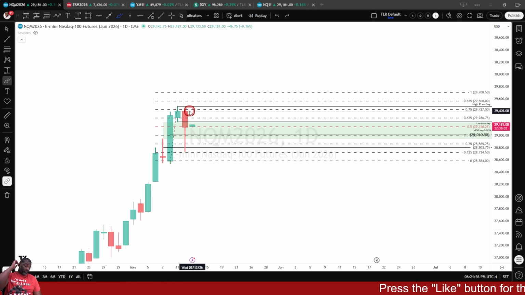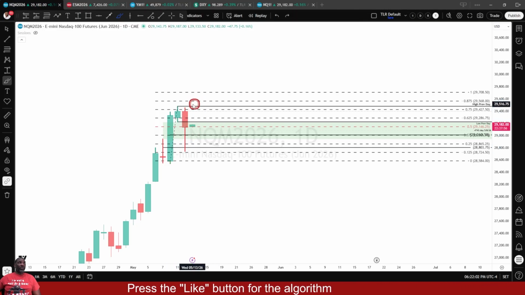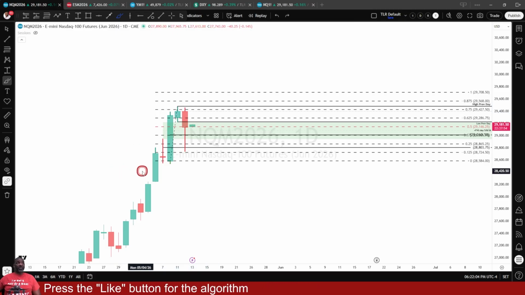Now, if we find support on this discount wick and go up and extend the buy program, we're extending our dealing range.